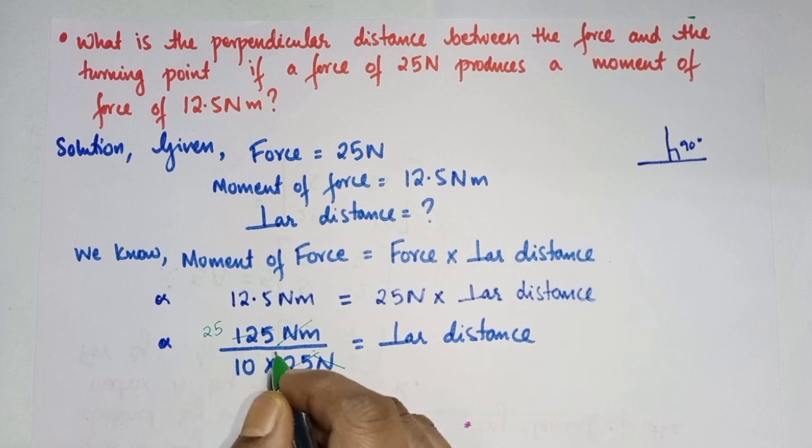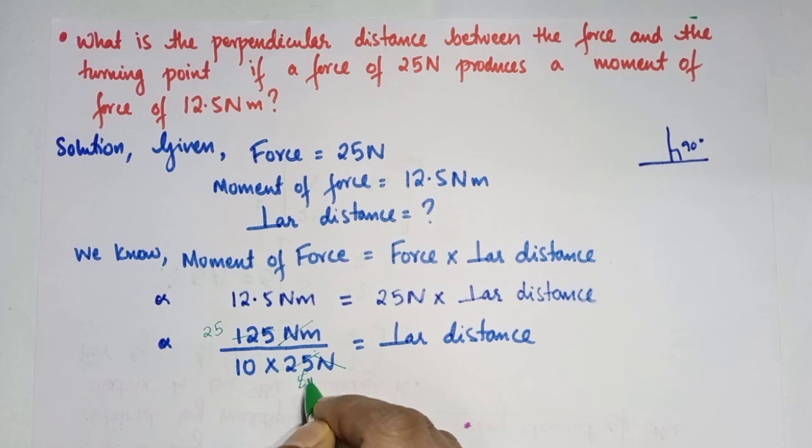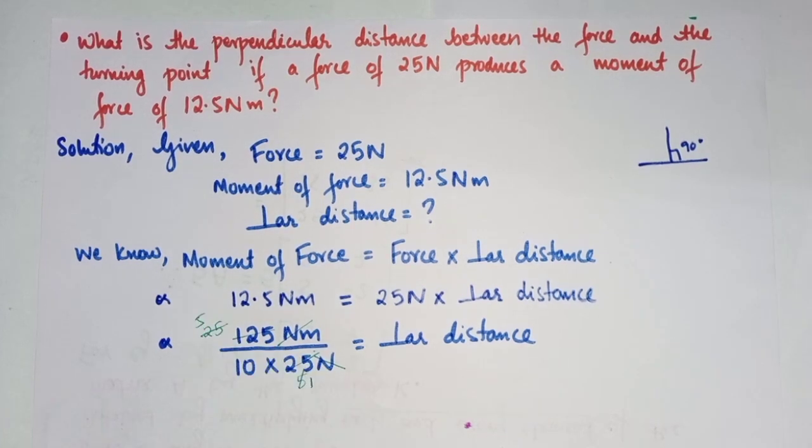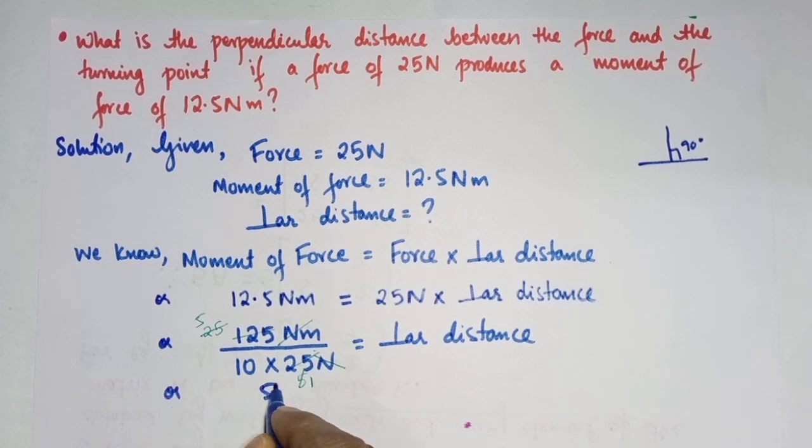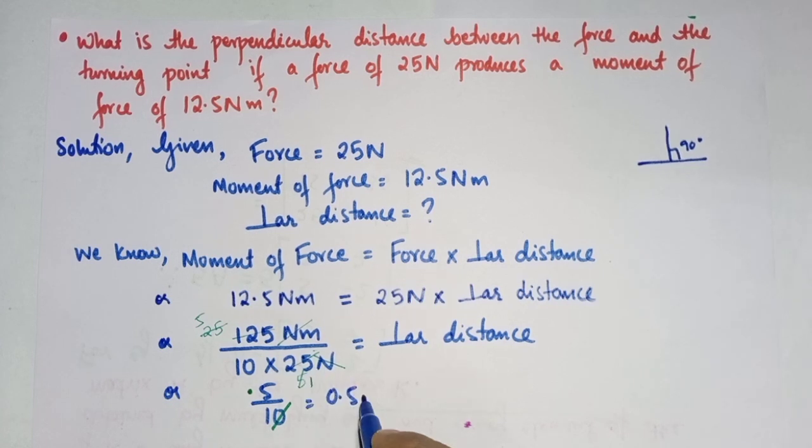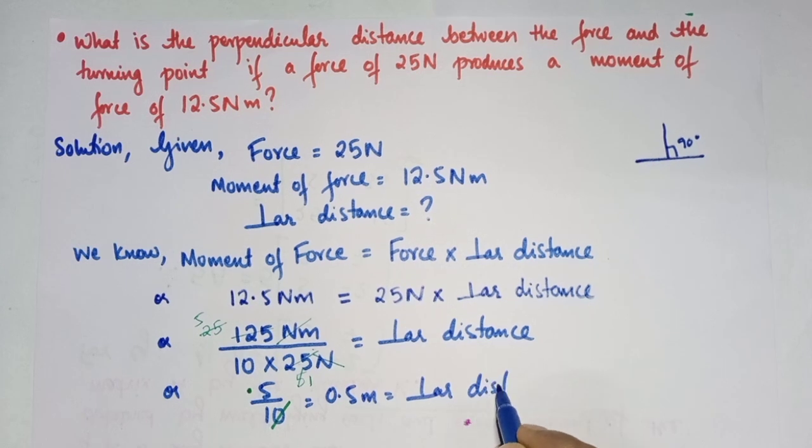So I got 5 upon 10. When I cancel the 0, the point will jump inside, so equals 0.5. The unit is meter, equals perpendicular distance.